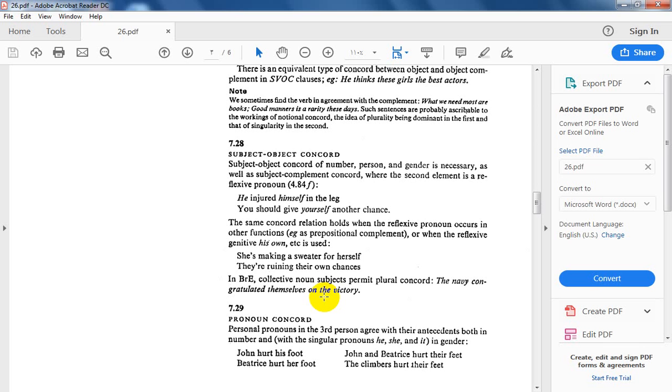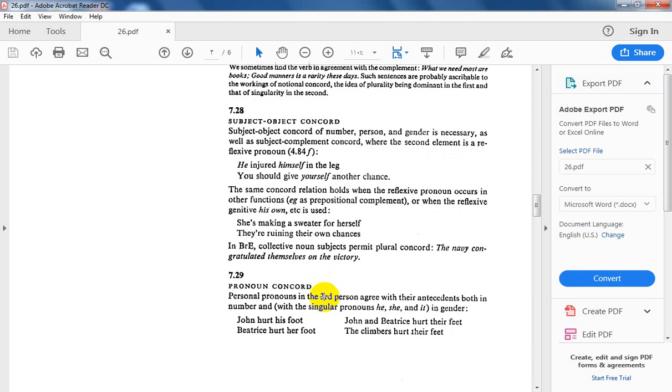So, pronoun concord: there should be a grammatical agreement between the nouns in the sentence. Personal pronouns in the third person agree with their antecedent both in number and, with the singular pronouns he, she, it, in gender. John hurt his foot. Where is the concord here? John with his.